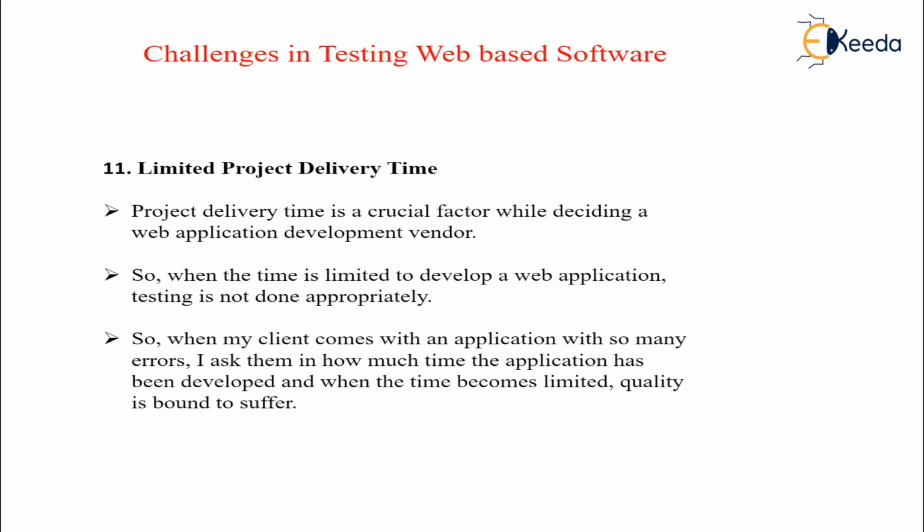And then you have limited project delivery time, of course, the deadline. The deadline is always a crucial factor in software engineering. You studied deadline and timeline, the same concept with different terms. While working on your web application project with the development vendor, you need to define your time slot.